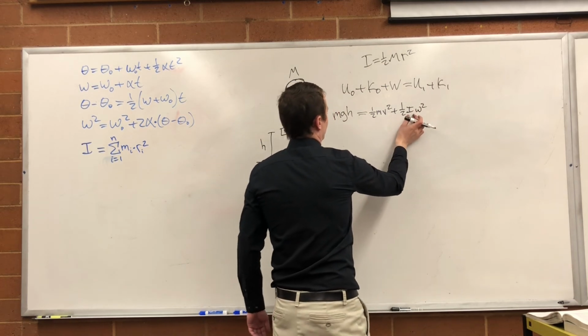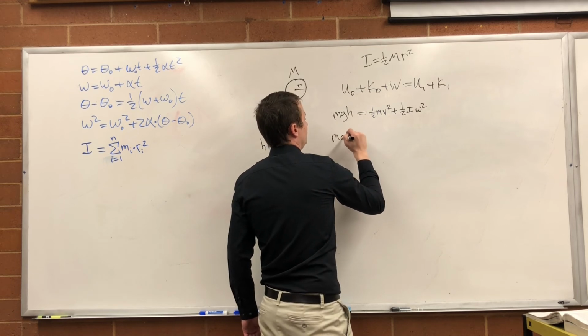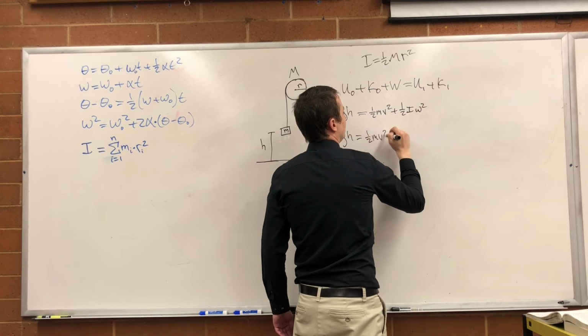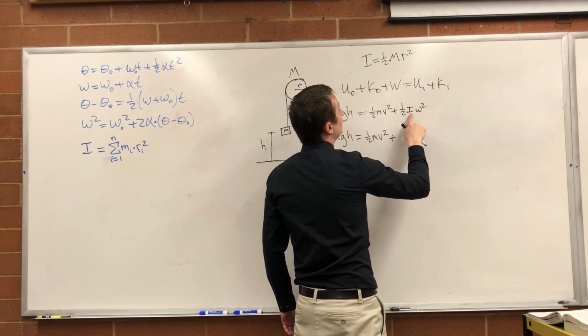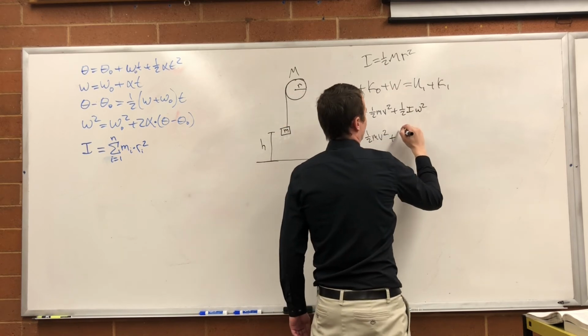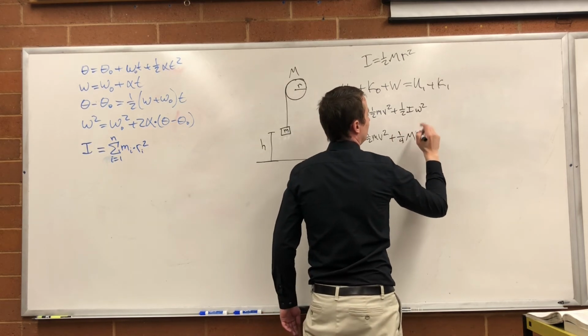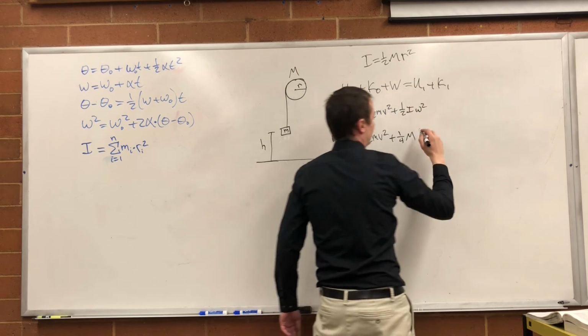Let's plug in I really quick. So we have mgh is equal to 1/2 m v squared plus 1/2 times 1/2 is going to be 1/4, right? And then we have big M omega squared times r squared, which is v squared.